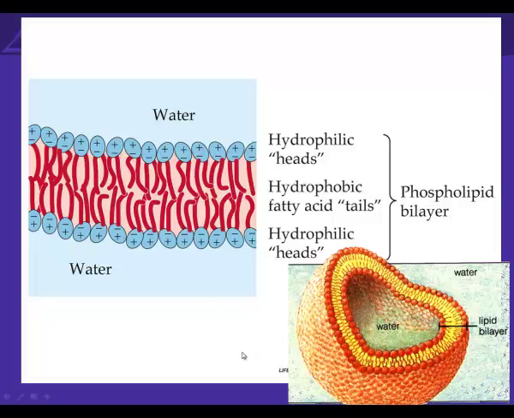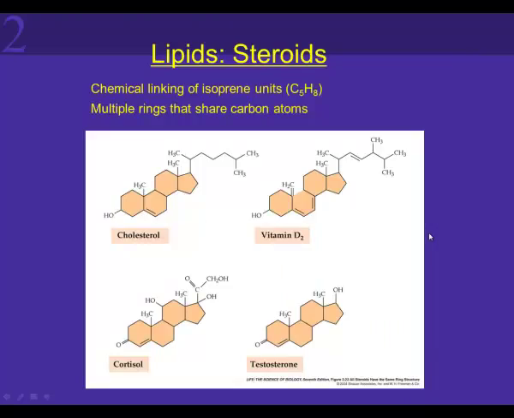So this arrangement is the same one that we see in cell membranes, and it's actually energetically quite favorable. It helps keep the watery contents of the cell inside. It prevents water from outside leaking into the cell. And it forms a way to compartmentalize the cell. So you'll hear this arrangement referred to as the phospholipid bilayer.